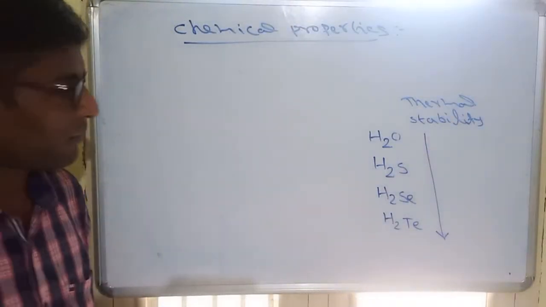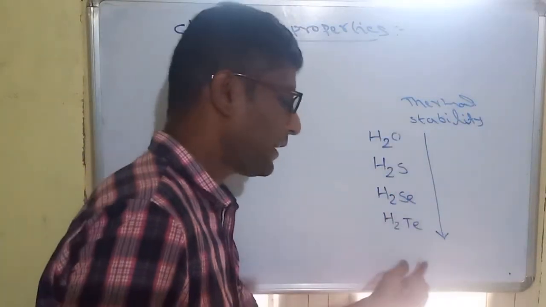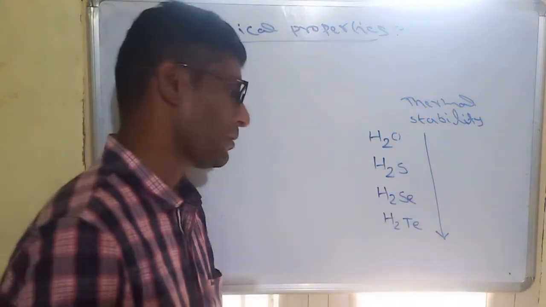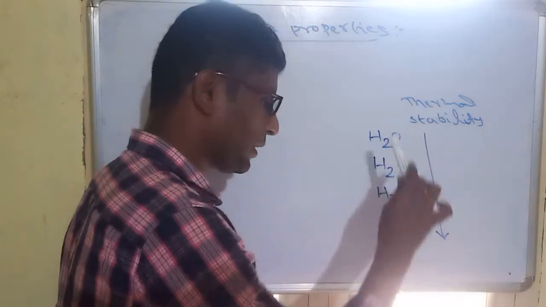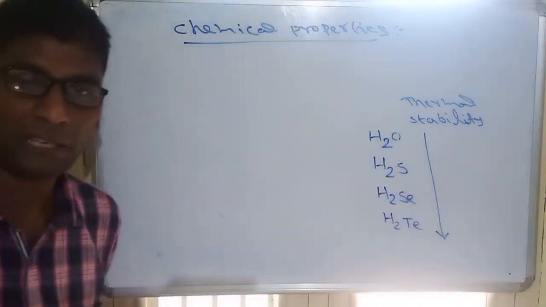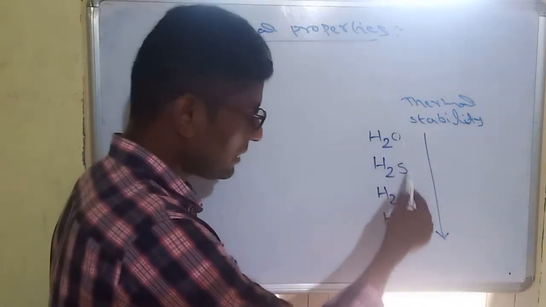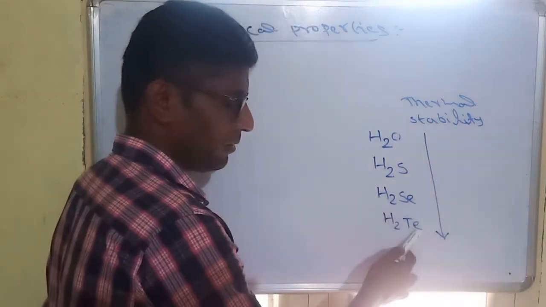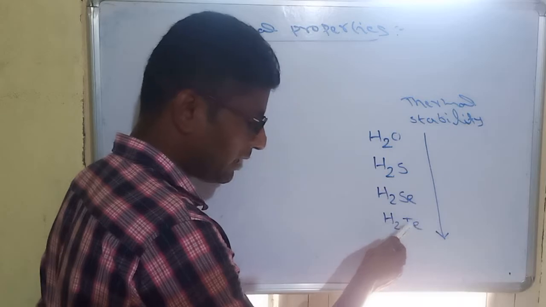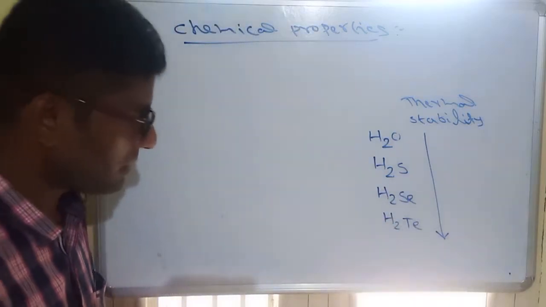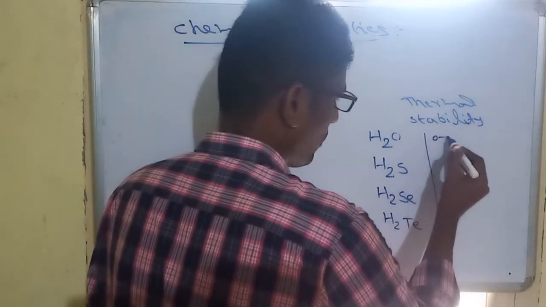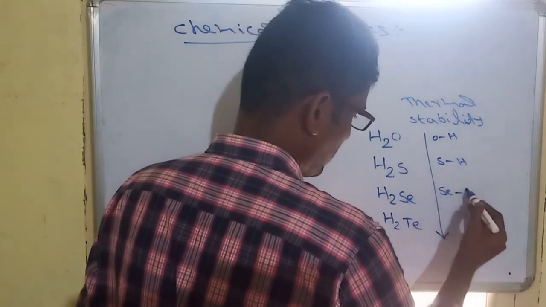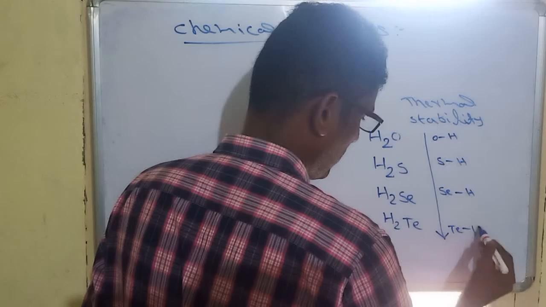The thermal stability of these hydrides decreases from top to bottom. Why? Because when we move top to bottom, atomic size increases. Due to the increase in atomic size, the bond length between the central atom and hydrogen increases. Here this is the O-H bond, this is the S-H bond, this is the Se-H bond, this is the Te-H bond.